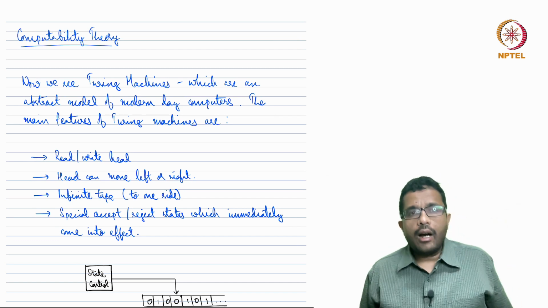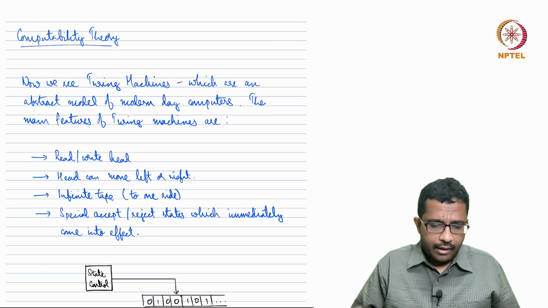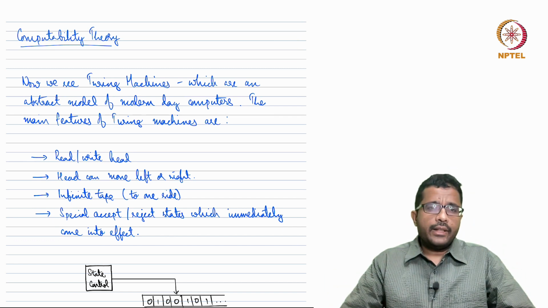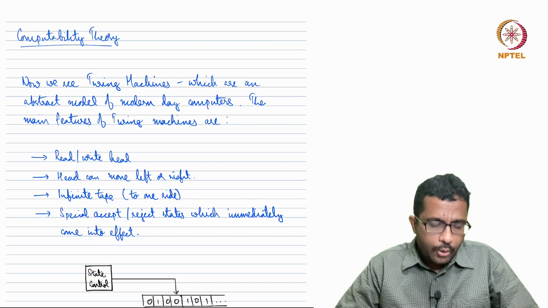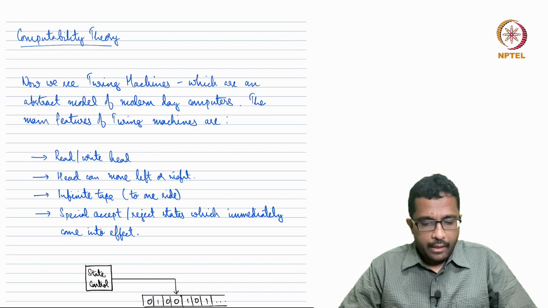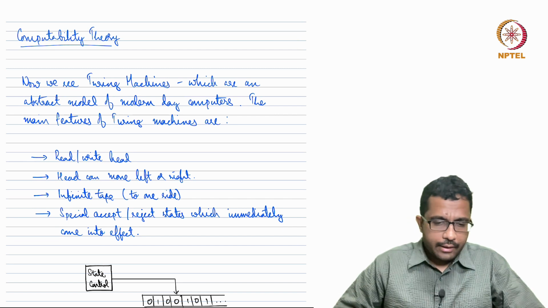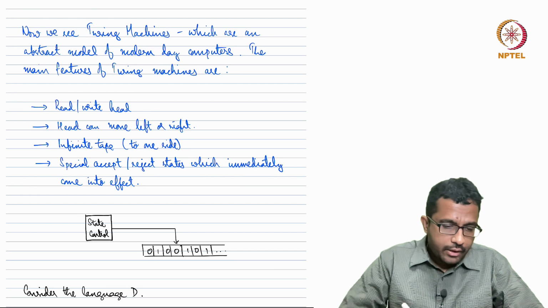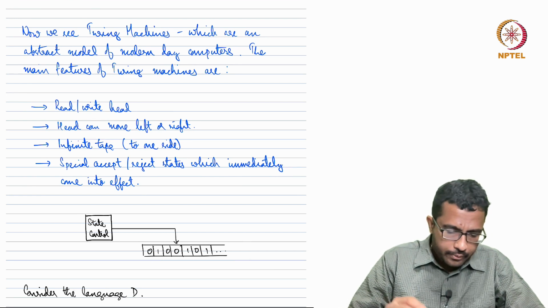So let us see how Turing machines differ from the automata that we have seen so far. They differ in 3-4 important aspects which I have listed here.